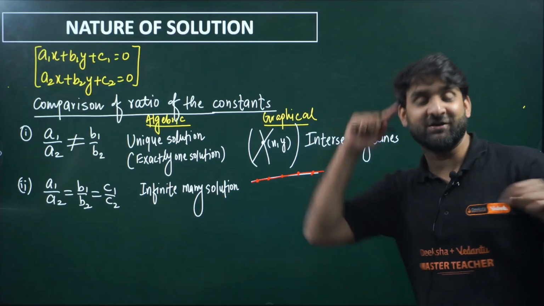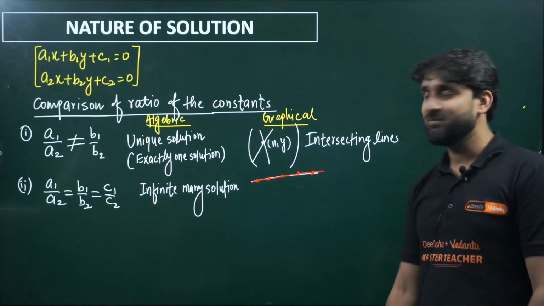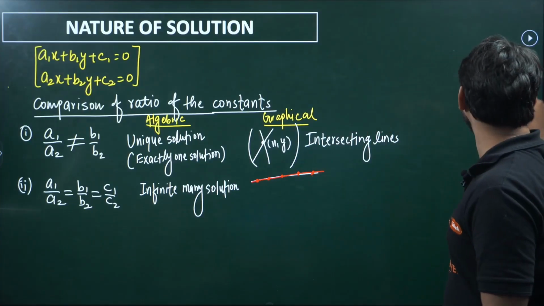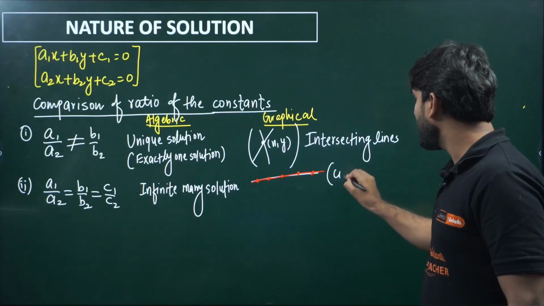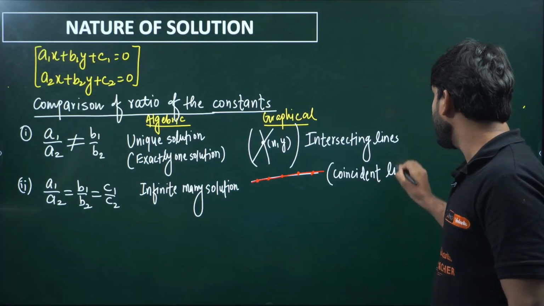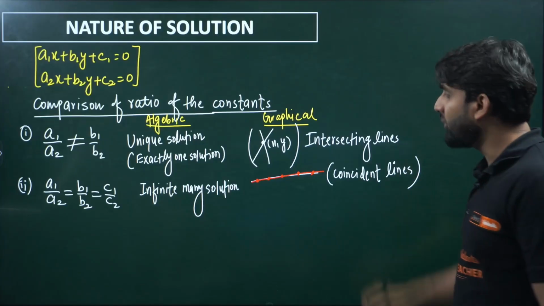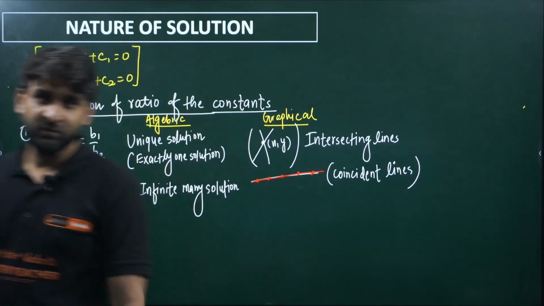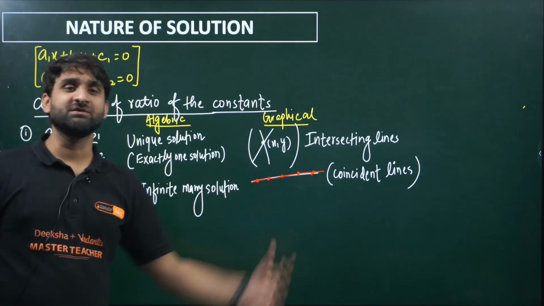All the points will be satisfying both the lines. So this is called coincident lines. When the lines are overlapping each other, they are called coincident lines. Infinitely many solutions, coincident lines.